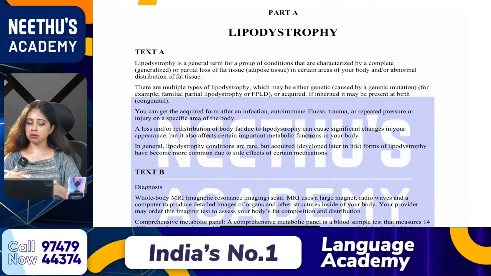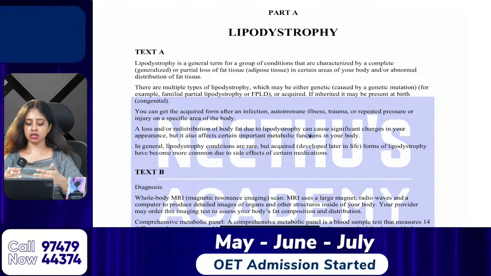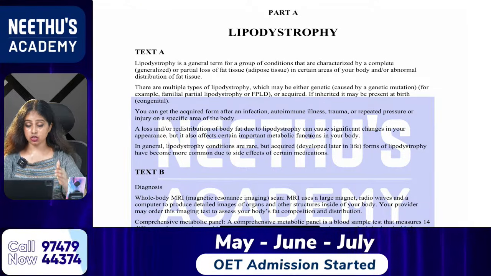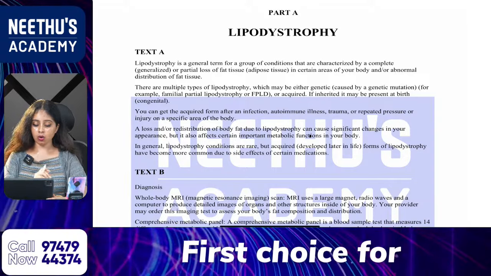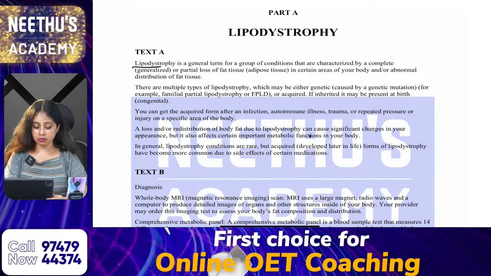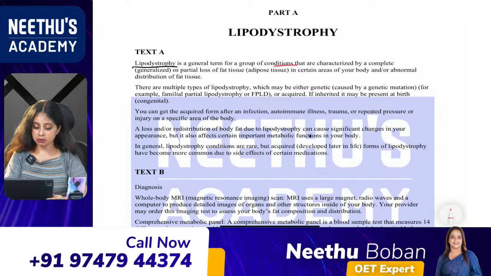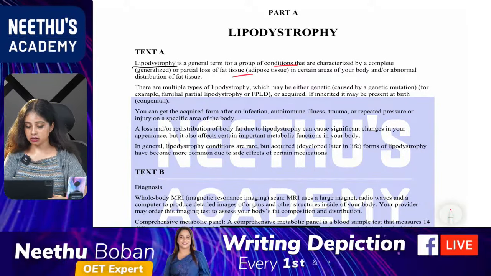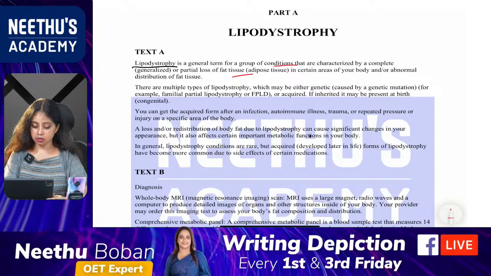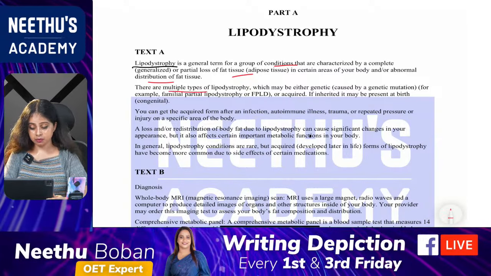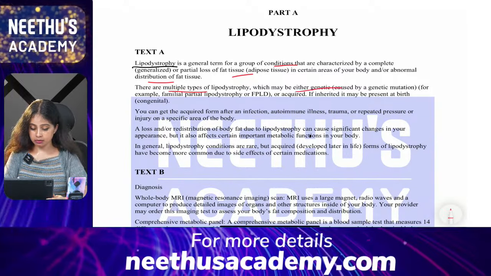Okay, so you can read with me. We can mark some keywords from the text. Lipodystrophy is a general term for a group of conditions characterized by complete, generalized, partial loss of fat tissue, adipose tissue, abnormal distribution of fat tissue, multiple types, then genetic, family.